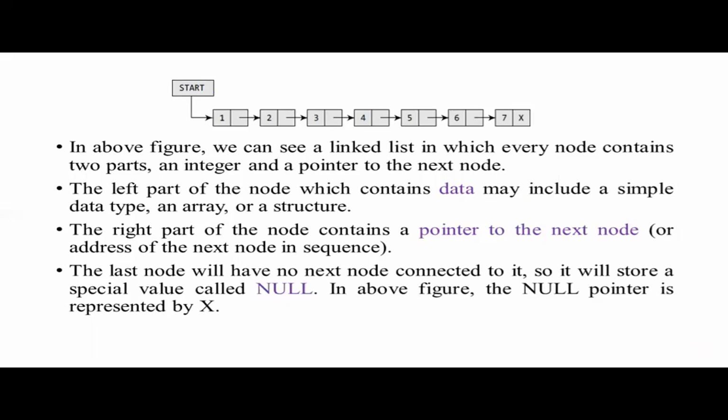Since it is the last node, its next field is set to null. We don't have any other elements in this linked list beyond the last element. That's why its next field is set as null.